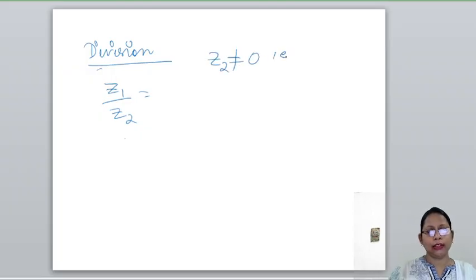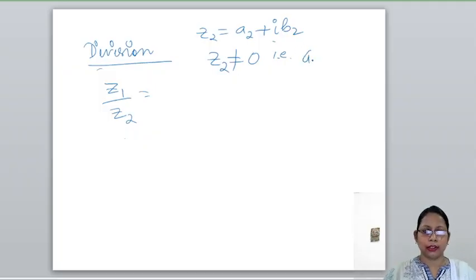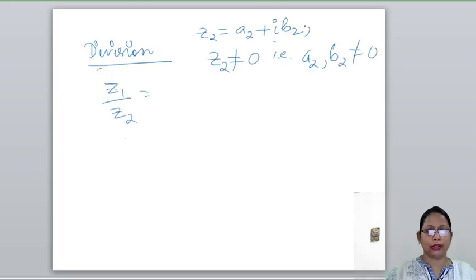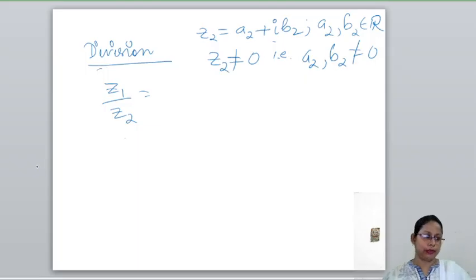That is, my z2 is a2 plus i b2, that is, a2, b2 not equal to 0. Here a2, b2 belong to R, as we defined in the beginning.